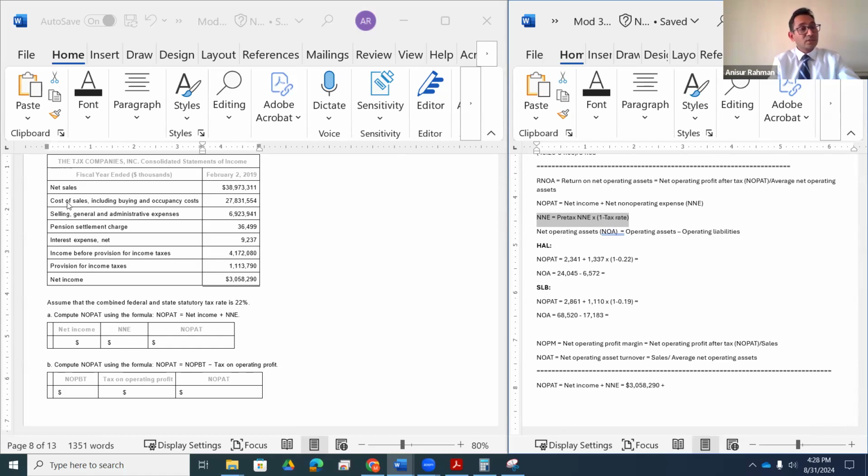So cost of sales is operating, selling, general, and admin is operating, pension settlement is operating, interest expense is non-operating. Remember, it is a financing decision. So 9,237.